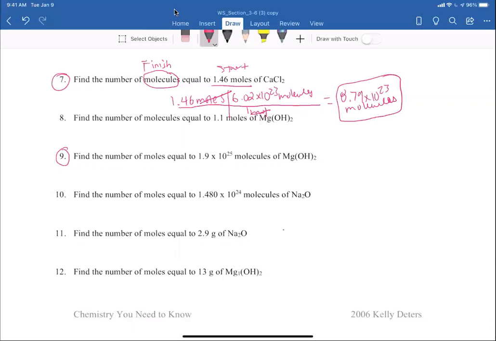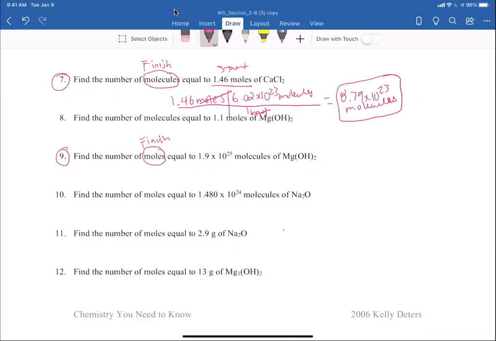All right, guys. It says find the number of moles equal to 1.9 times 10 to the 25 molecules of MgOH2. Again, where are we finishing? What's our final thing? Moles. Okay, so moles is where we finish.